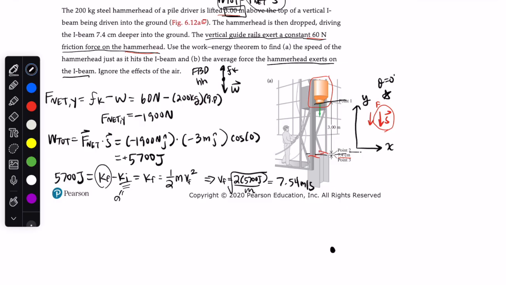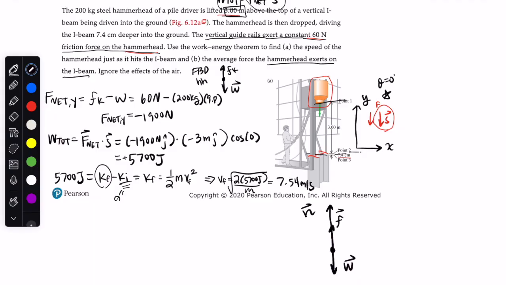When the hammerhead is in contact with the I-beam, it's going to have its weight vector, of course, and it's going to have some frictional force as well. The final force it is experiencing is due to the contact between the hammerhead and the I-beam, and that's going to be the normal force.